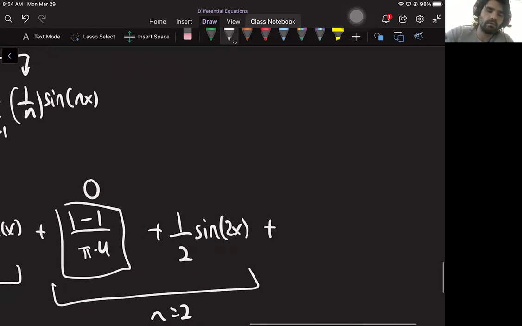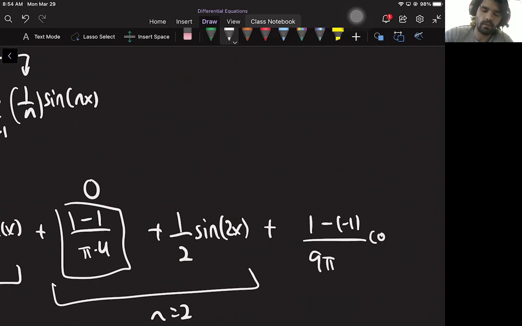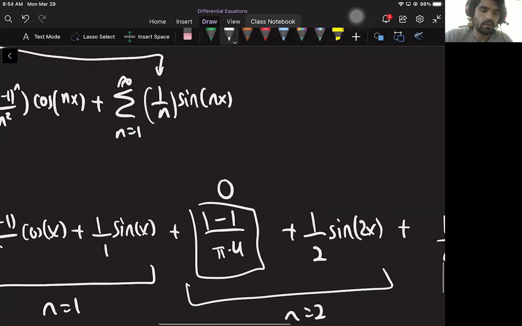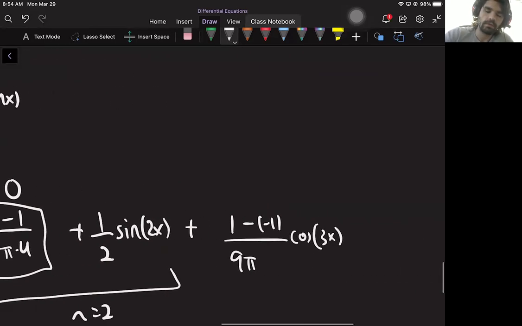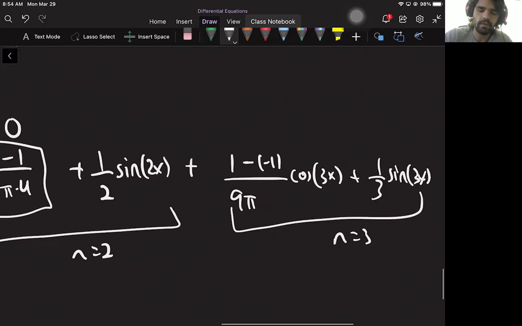And then if I plug in 1 more, back to here, this would be 2 over 9 pi cosine of 3x, plus 1/3 sine of 3x, and this would be the third term.